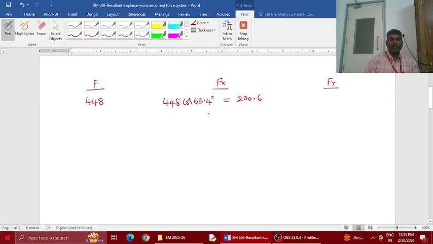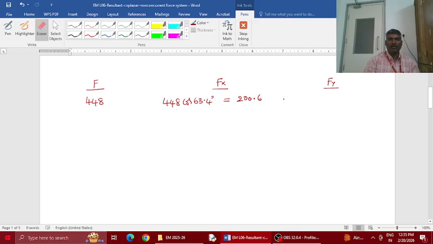And attach the sign or sense of the force here itself, whether it is towards positive x-axis or positive y-axis. If it is towards negative x-axis, we assign a negative sign. So likewise, try to attach the sign also.